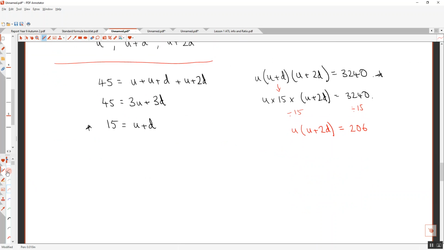Then I'm going to expand. Oh, you know what? Yeah, let's expand. Now we have like 2du or something.